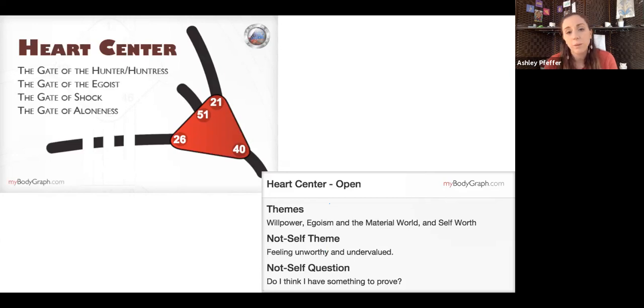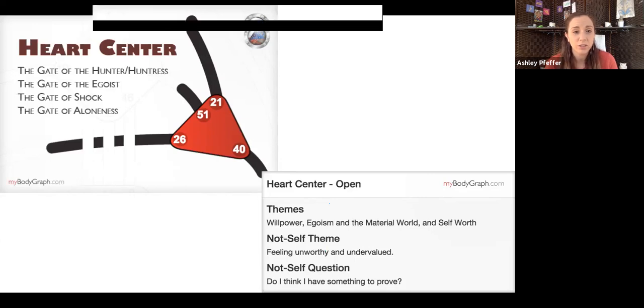Or your mom used you for codependency, like an emotional dumping ground, and that kind of defined you, like, oh, I'm kind of worthless to my mom now. I heard a story recently about somebody whose mom had her just so that she could have somebody to love, but once she had her, she was like, okay, on to the next thing, and ignored her. So she suffered from neglect.